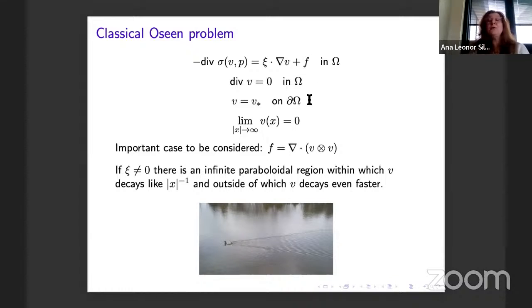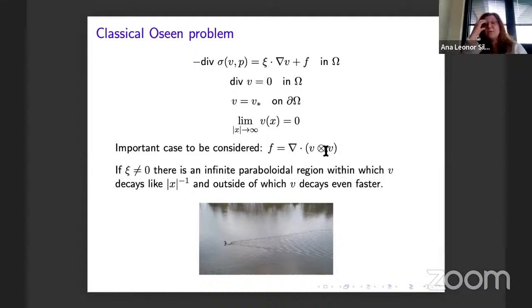When we study the Oseen problem, we make several assumptions on the external force, and many times we assume that the external force is the divergence of a tensor of this form, because we are interested in applying the results to the Navier-Stokes equations.